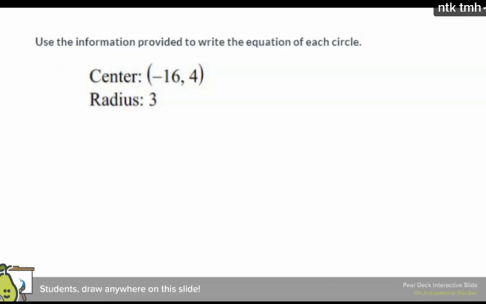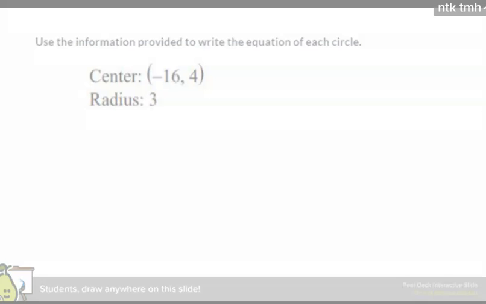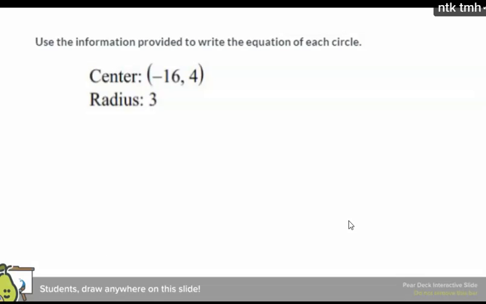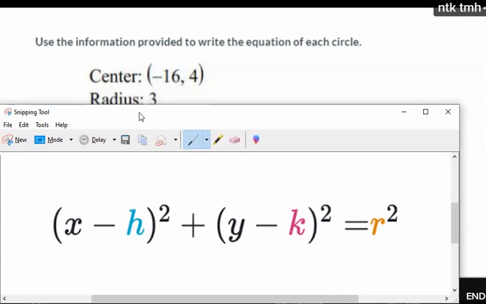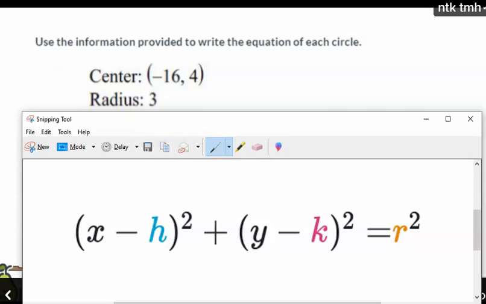Here, I'll throw up the equation of a circle on the Zoom screen if you're like, oh gosh, I don't know what it is. There's the equation of the circle. So I'm going to let you look at that and have some time to process.